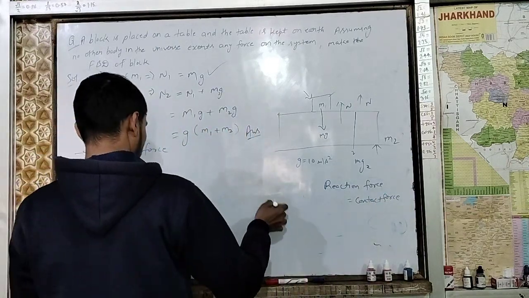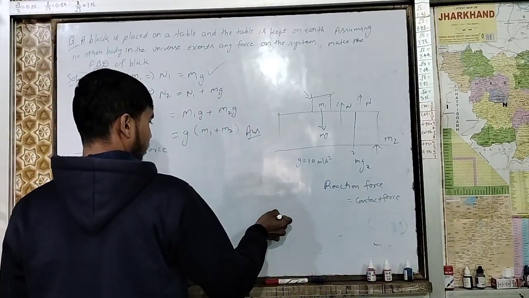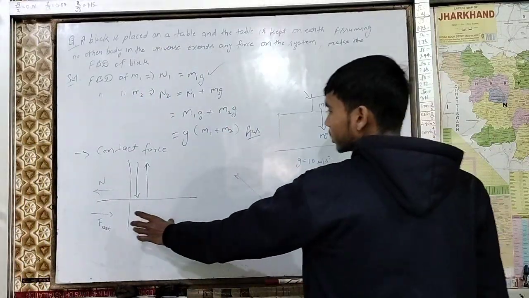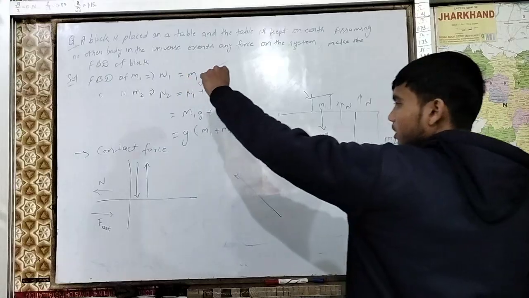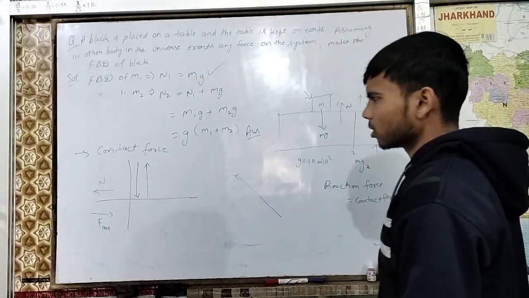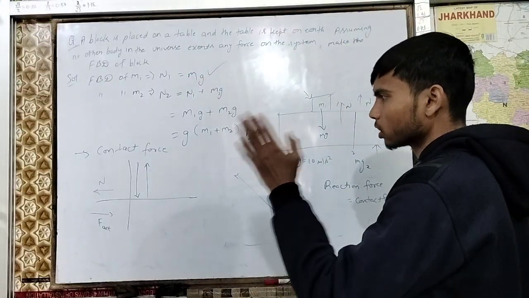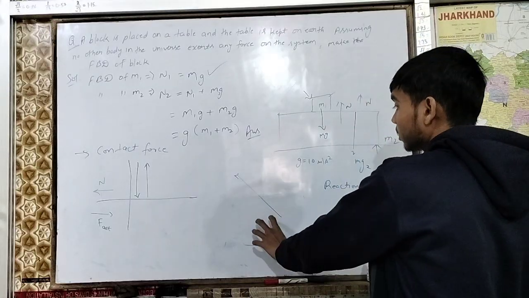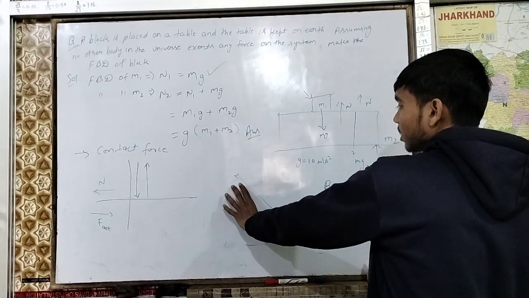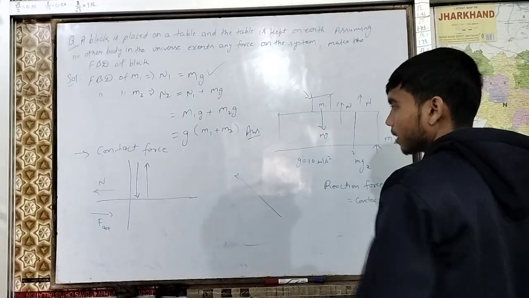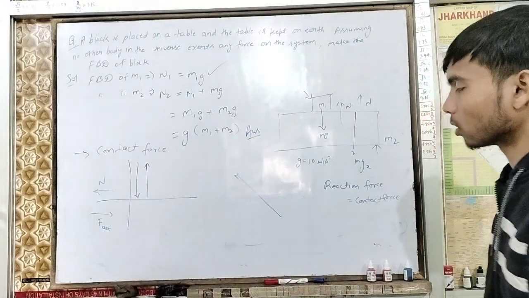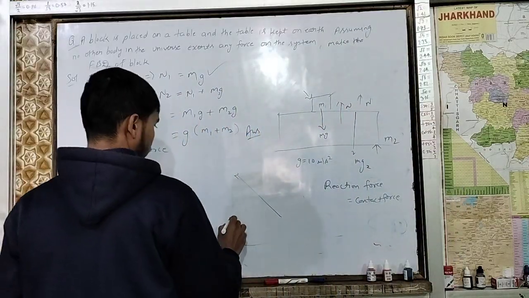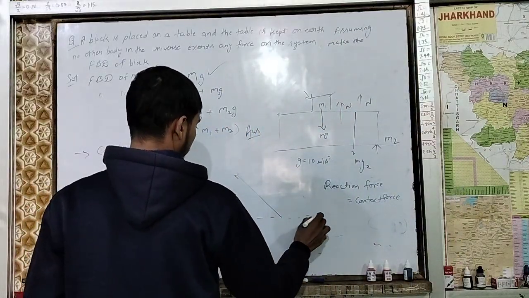If a force is like this, at an angle, in this case we saw that the force was downward or vertical or horizontal, but in the other case it is making an angle with the horizontal. If this is happening, acting force is like this.